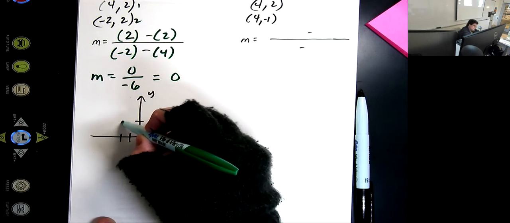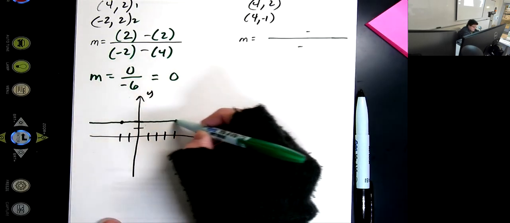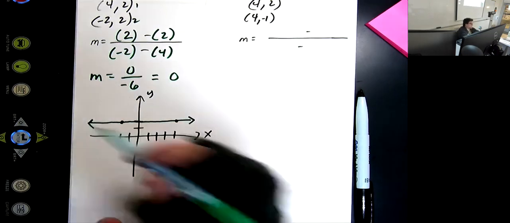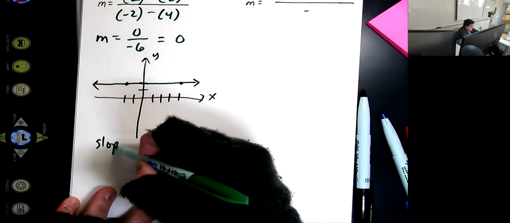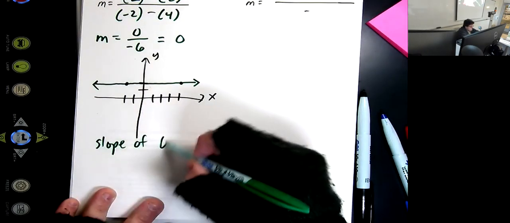And -2, 2 is over here. And if I connect the dots, I get that. The slope of 0 is a horizontal line.